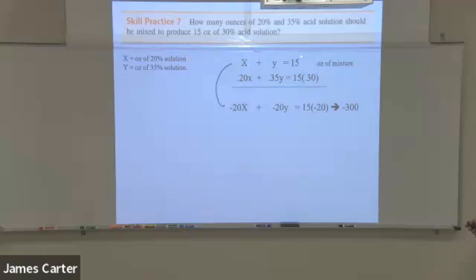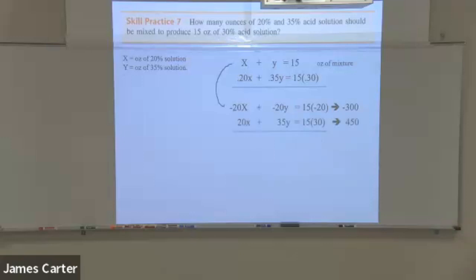So I'm going to multiply this one by -20, and I get that, and I get this, and 15 times -20 is -300. This one, not only am I going to multiply out those two numbers, which gives me, in this case, 45, but I'm also going to multiply all three of these by 100 to move that decimal over two places everywhere.